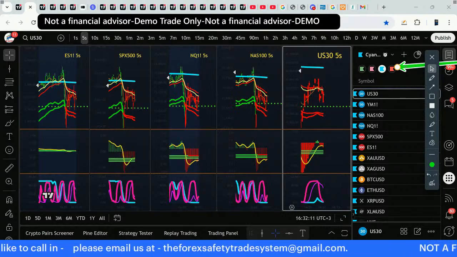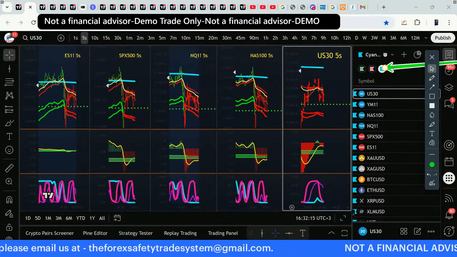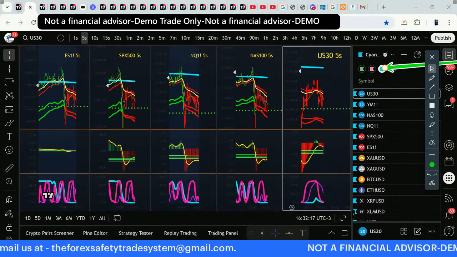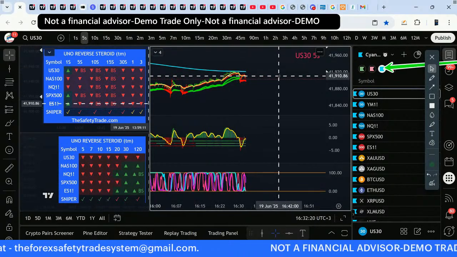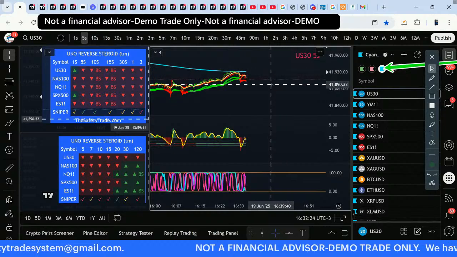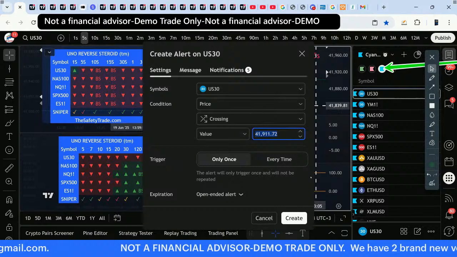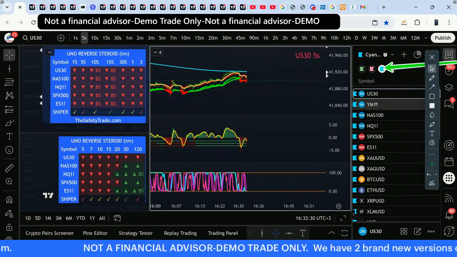Beautiful trades. We have ES1 hit its 5-second blue line again. You can just wait right there. Wherever you see me putting this alert in, you can take profit at.